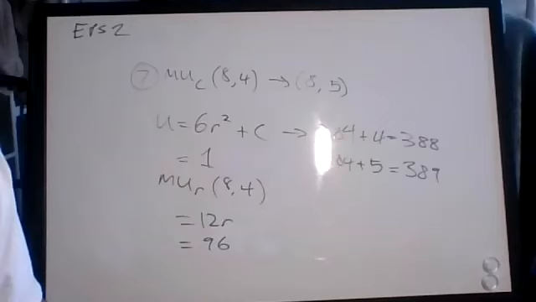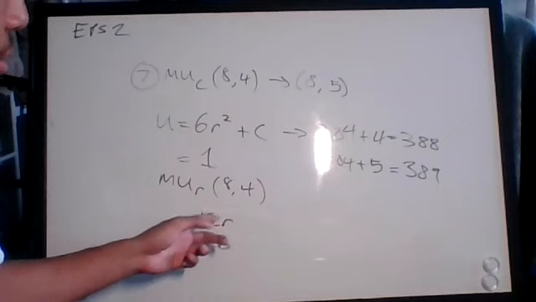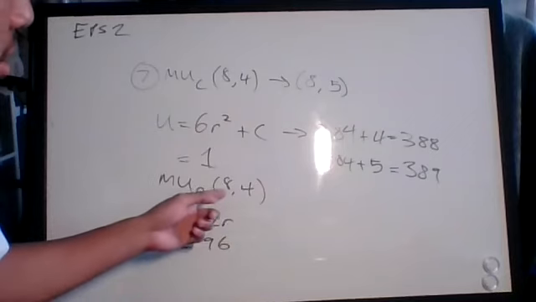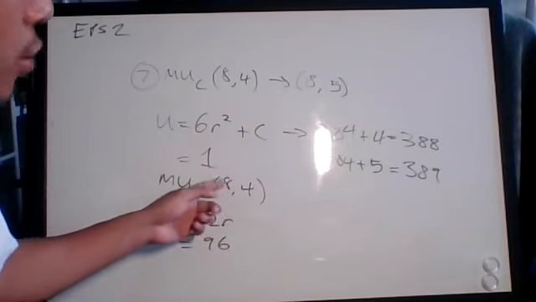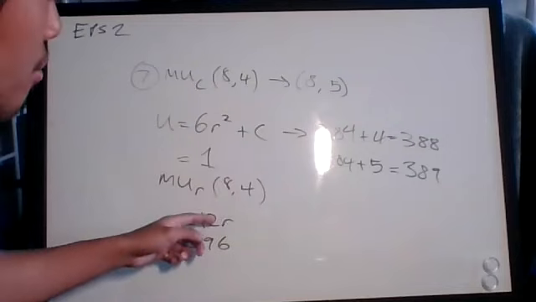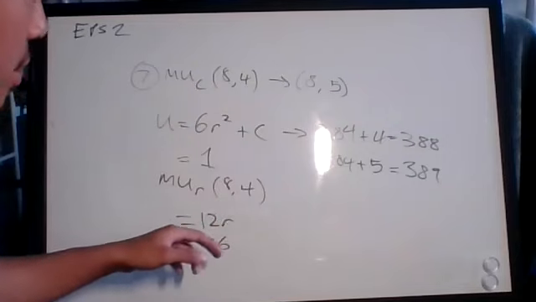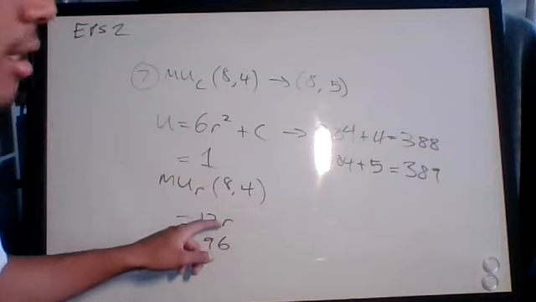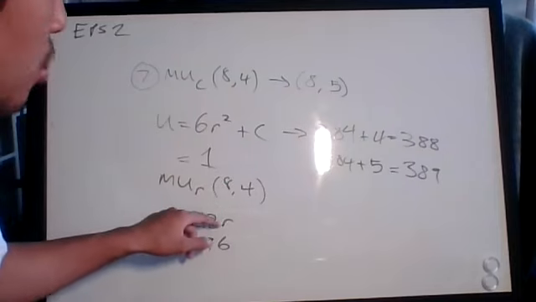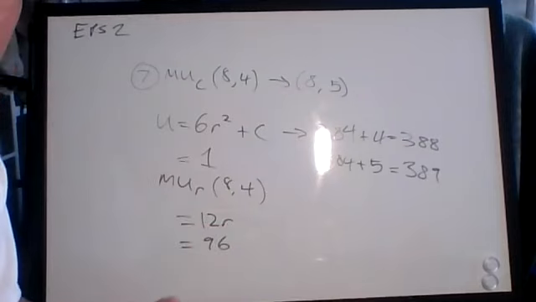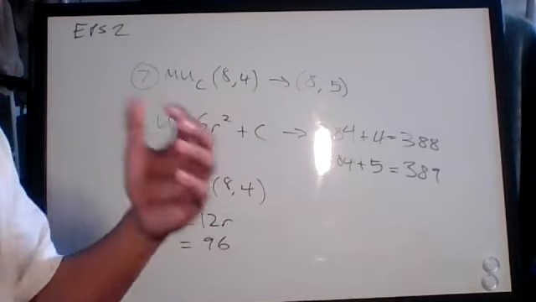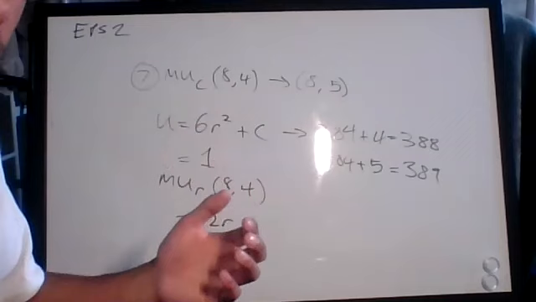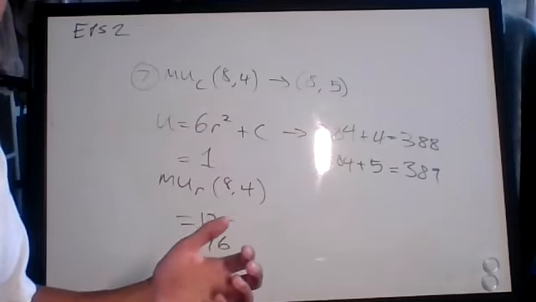Yeah. Okay. But see how this is flexible? The higher amounts of rice that I have, the more my marginal utility is going to be. Say that I had 10 units of rice, then my marginal utility of rice is 12 times 10, which is 120. So now I'm getting 120 units from an additional increase in rice.